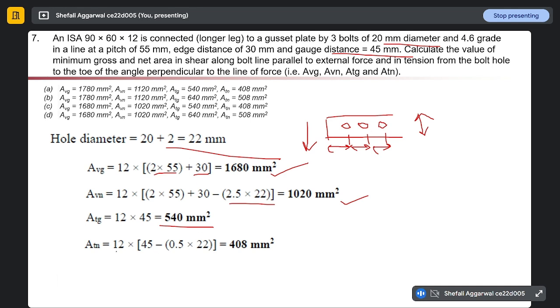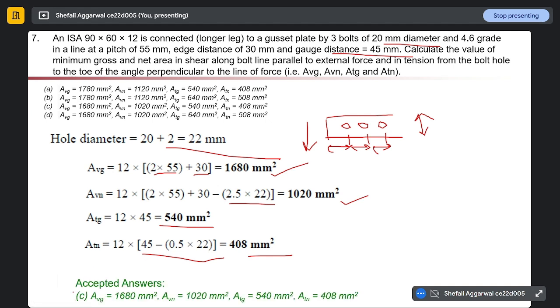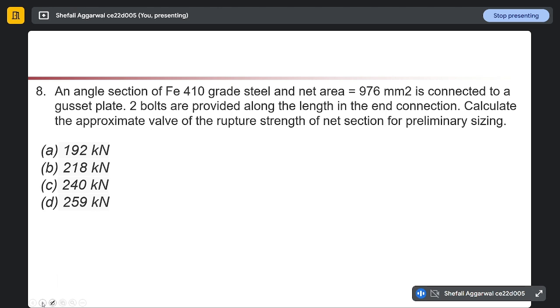So 45 minus 0.5 into 22. This will give us the net area in the tension direction, ATN. So using these 4 areas, we can say that the correct answer is option C. Okay. Is this answer clear to everyone? Okay, then we will go to the next question.